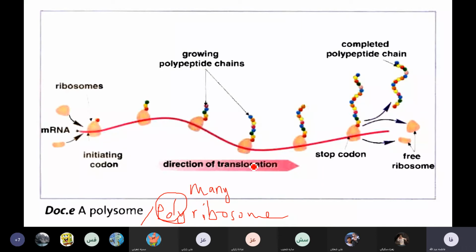Let's say each ribosome is capable of synthesizing one protein. So each ribosome is capable of synthesizing one protein.